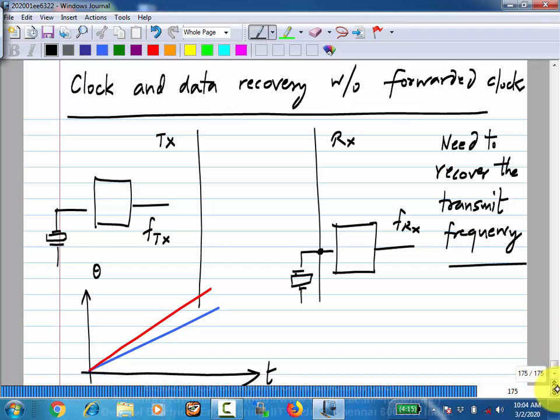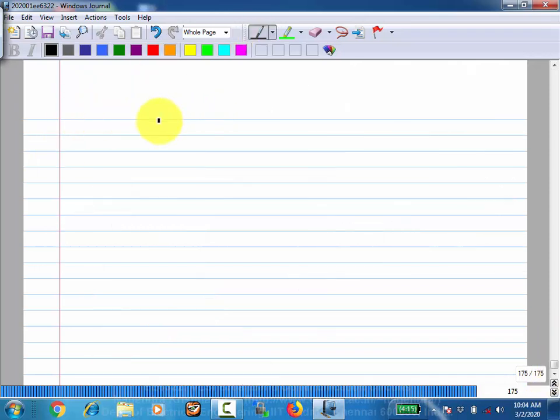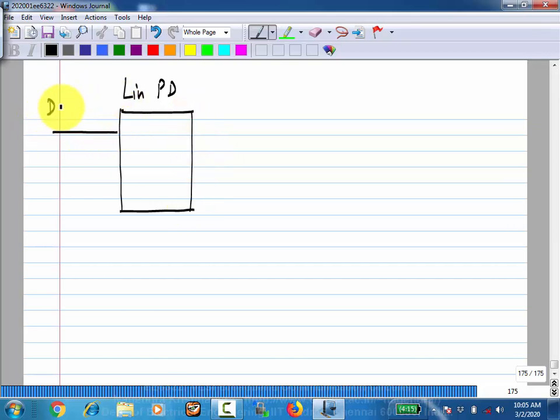Okay. So again, I'll start with a linear phase detector because it's easy to understand and model. And I have a data input D and I have my usual delay line, control delay line, which moves the phase of the clock.